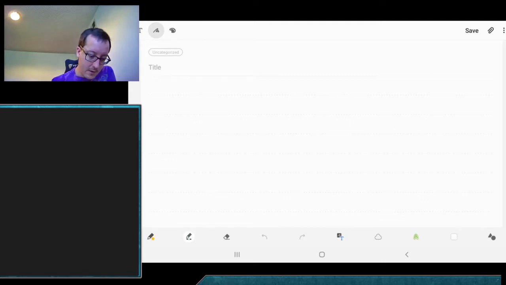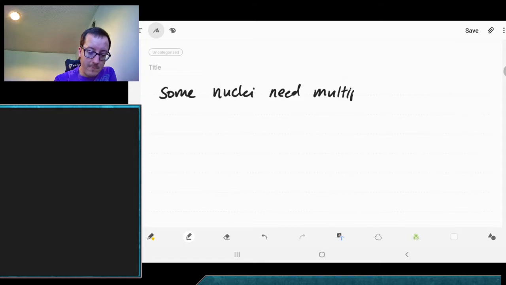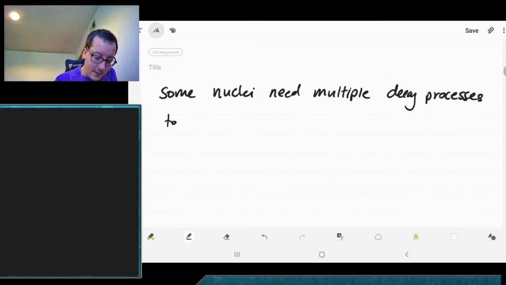We're going to see some of them will need multiple decay processes to become stable.